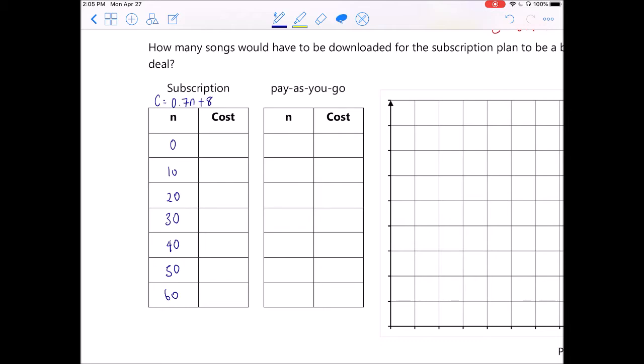We'll keep the same thing for pay-as-you-go as well. This time, our equation for pay-as-you-go is 0.9 times n. Notice that cost is in terms of n, so cost depends on the number of songs you download.